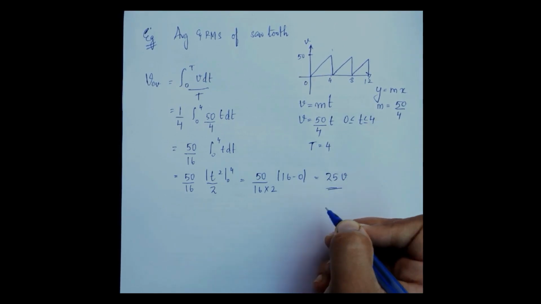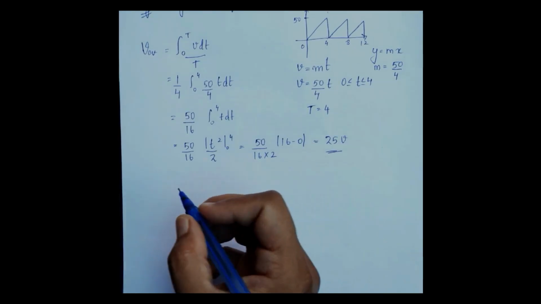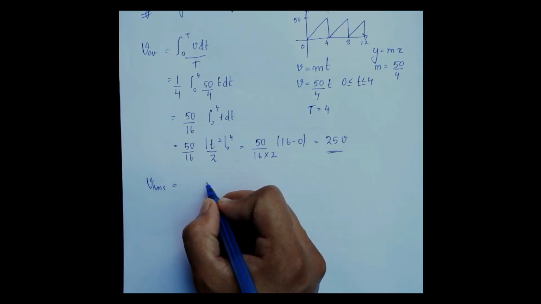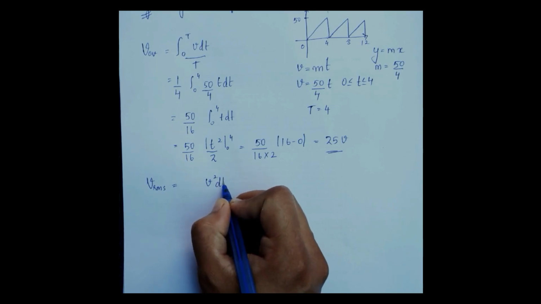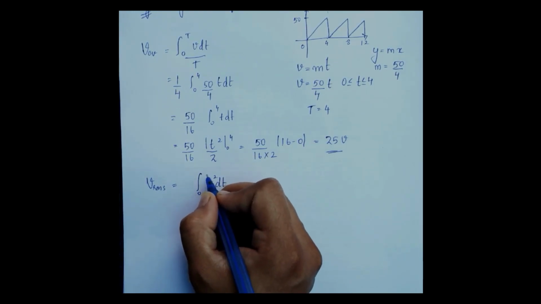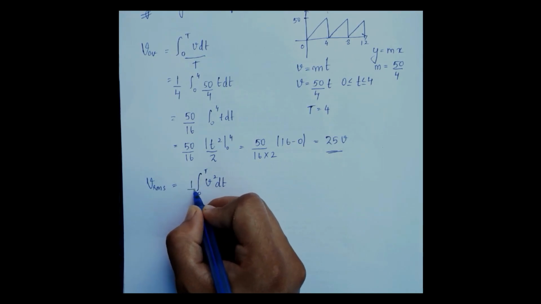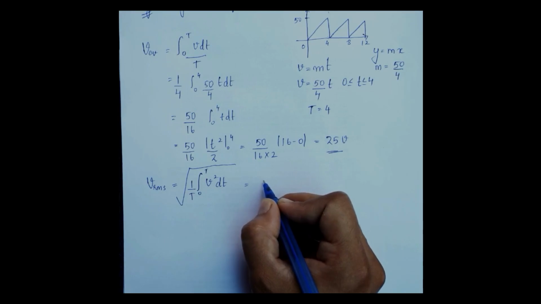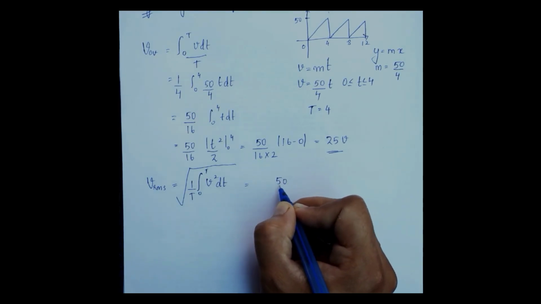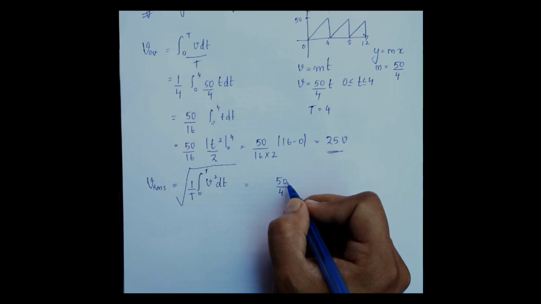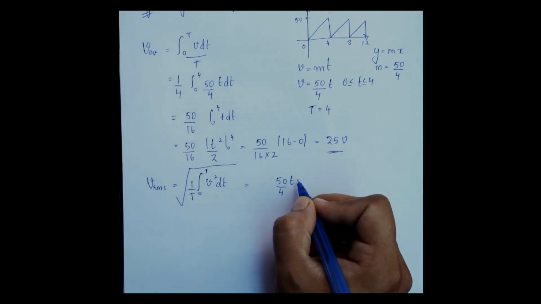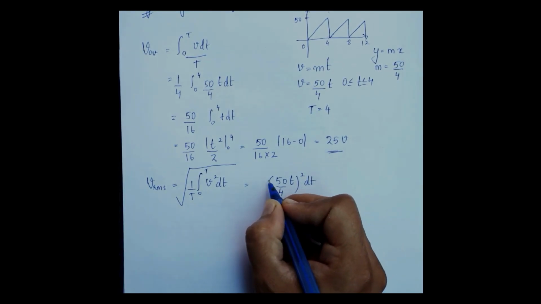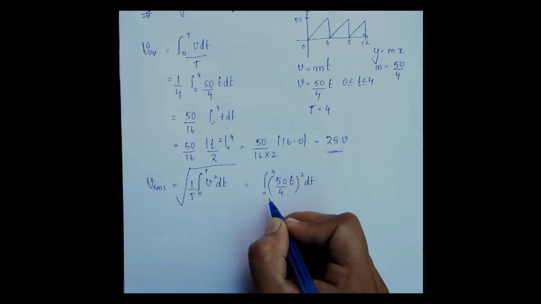Now let's find the Vrms value. First take the square, and then the average, taking the divide by time period, and then the square root. V square 0 to 4 divided by 4 root.